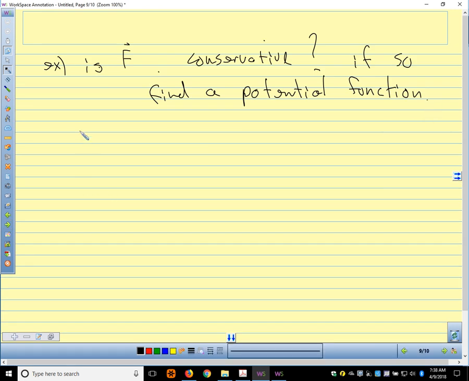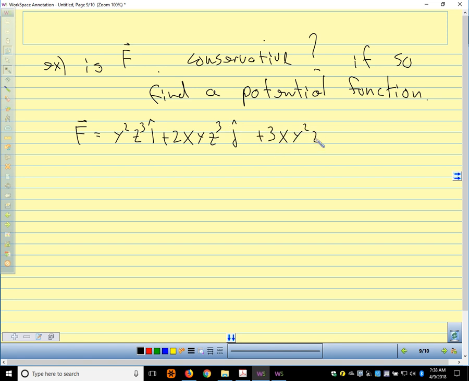All right, so I'm going to say that our vector field is y squared z cubed i hat plus 2xyz cubed j hat plus 3xy squared z squared k hat. So I just want to talk about how we would go about solving this problem. I don't want to go through all the process. So how do we try if this is conservative?